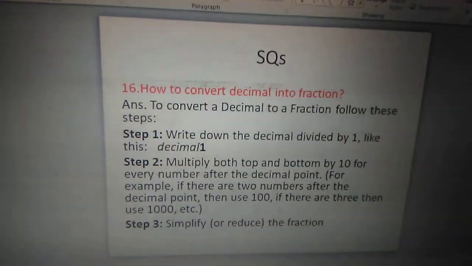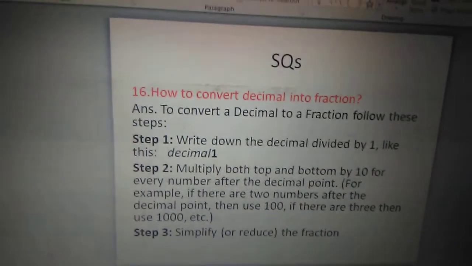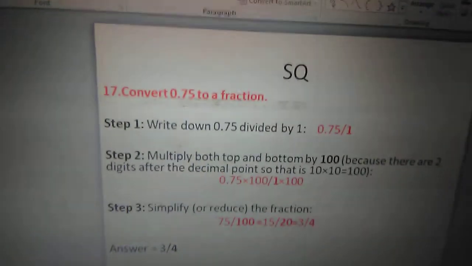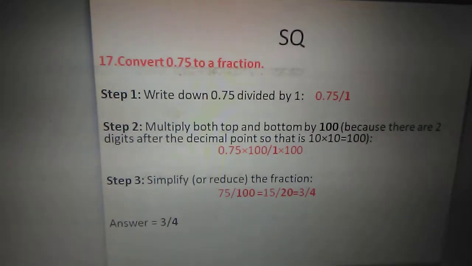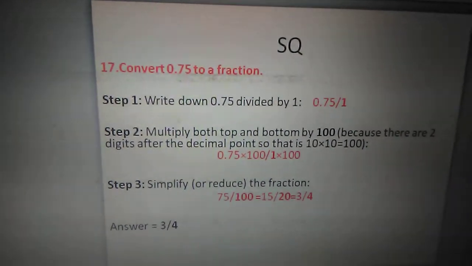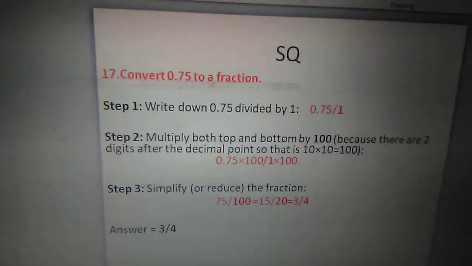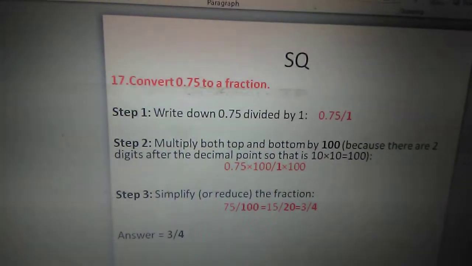So let's go for a practical exercise. Convert 0.75 to a fraction. This is the decimal given, and we will change it to a fraction. At first we write the decimal divided by 1: 0.75 divided by 1.